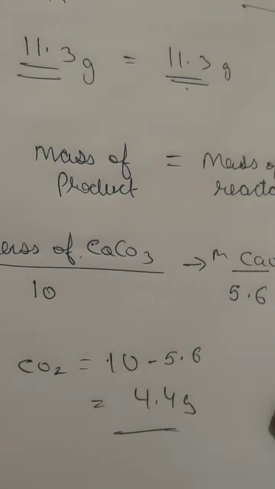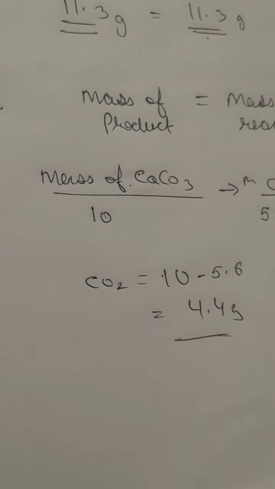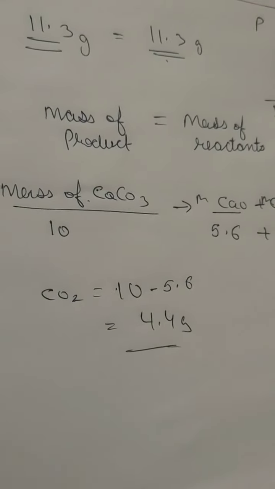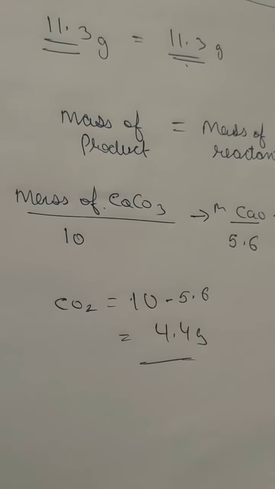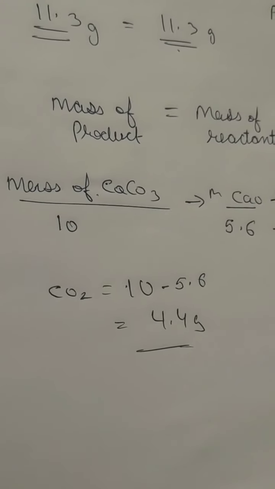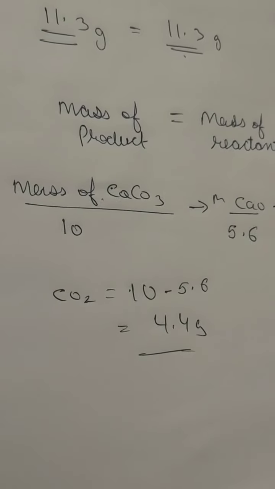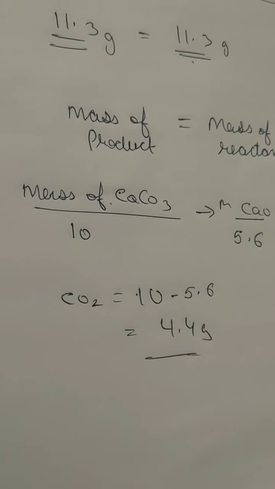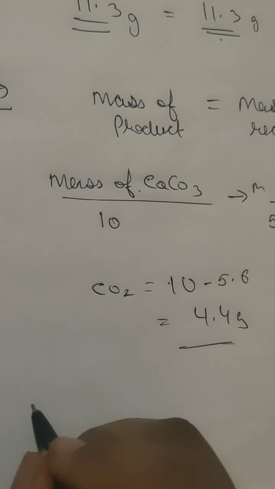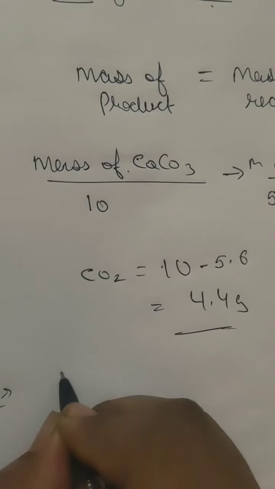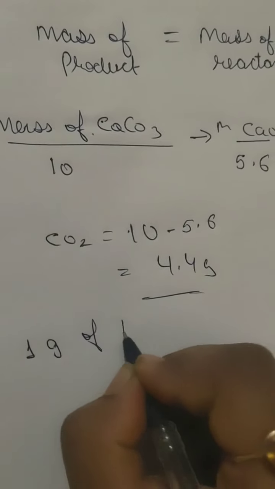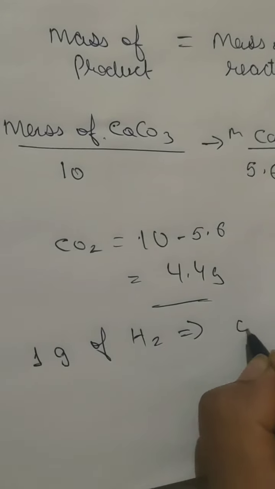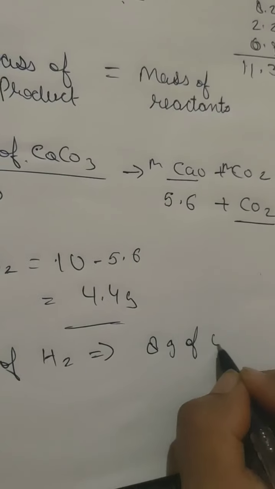Now the next question: hydrogen and oxygen combine in the ratio 1:8 by mass to form water. We have to find how much oxygen would be required to react with 3 grams of hydrogen. It's very simple, since 1 gram of hydrogen requires 8 grams of oxygen.